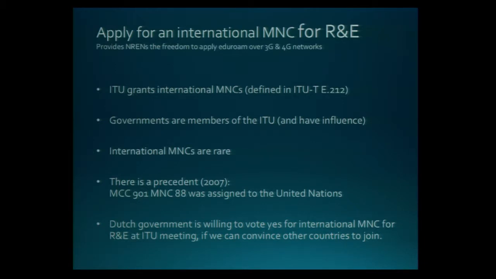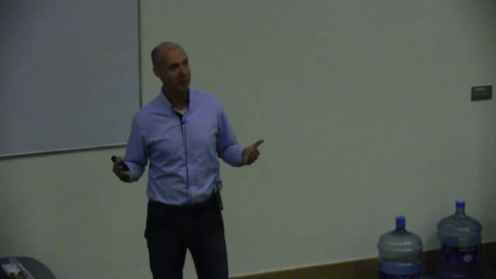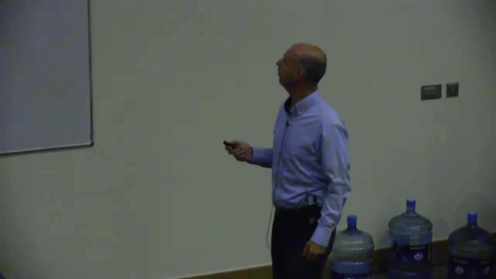So this is a request from me: let's start a lobbying process and see how we can move forward with each of the governments that support an NREN, and say, yes, let's vote for an international mobile network code for the research and education people.